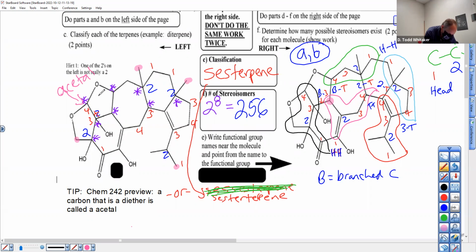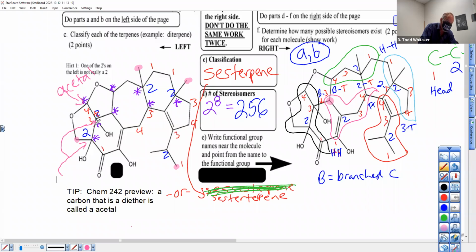So tell me what this one is, which is the same as this one. The carbon has an OH on it, and it's not a carbonyl carbon. No. There are 2 functional groups with hydroxyl.